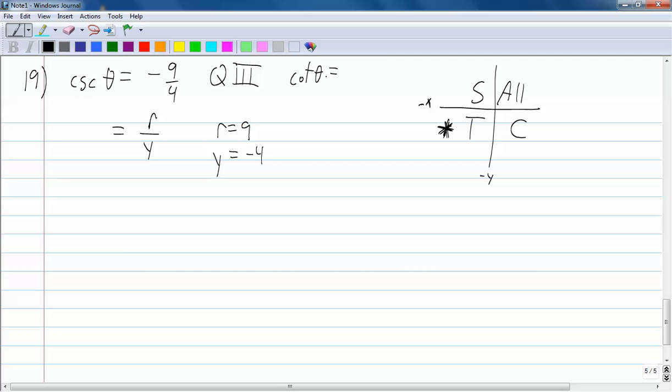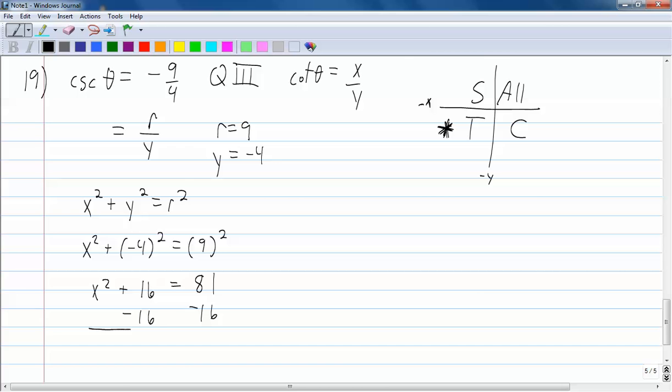The cotangent is x over y. We don't have x, so we need to solve for x. To solve for x, we use the formula x squared plus y squared equals r squared. So x squared plus negative 4 squared equals 9 squared, or x squared plus 16 equals 81.